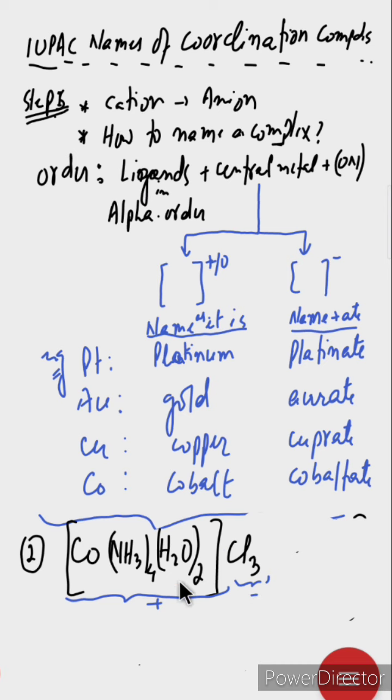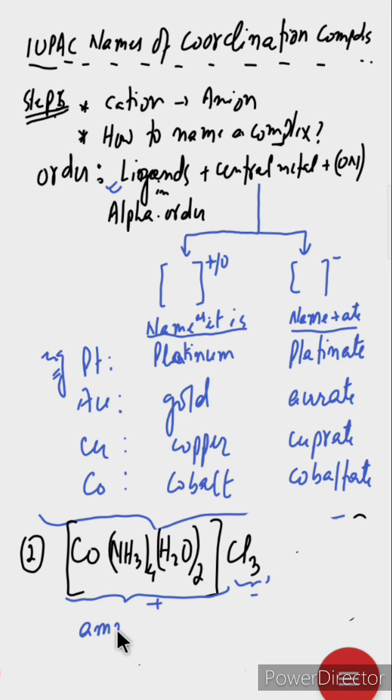So the cation must be named first. Since our complex is the cation, we must follow this order: ligands, central metal, oxidation number. The ligands are ammonia and water. Ammonia is ammine, water is aqua. Ammine starts with AM and aqua with AQ, so M comes before Q. So we must write ammine first.